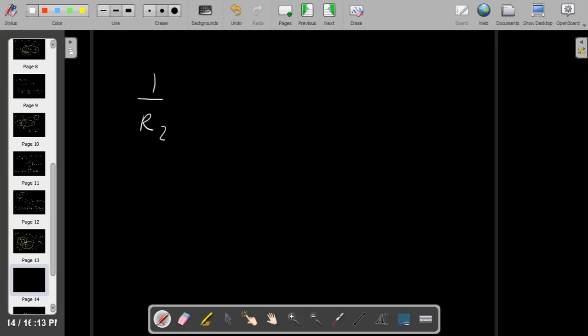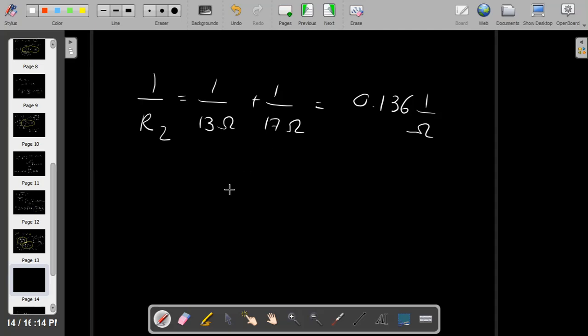For area 2, 1 over the total is going to be 1 divided by 13 ohms plus 1 divided by 17 ohms. And if you do the math, you get 0.136. 1 divided by R, and then you still need to find that total for area 2.